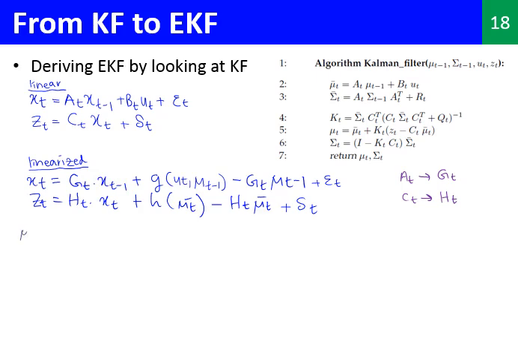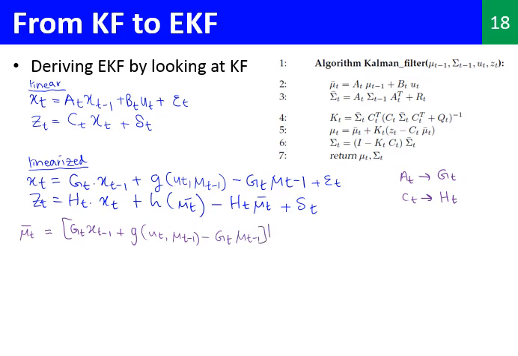So mu t bar would be equal to g t x t minus 1 plus g u t, mu t minus 1 minus g t mu t minus 1.